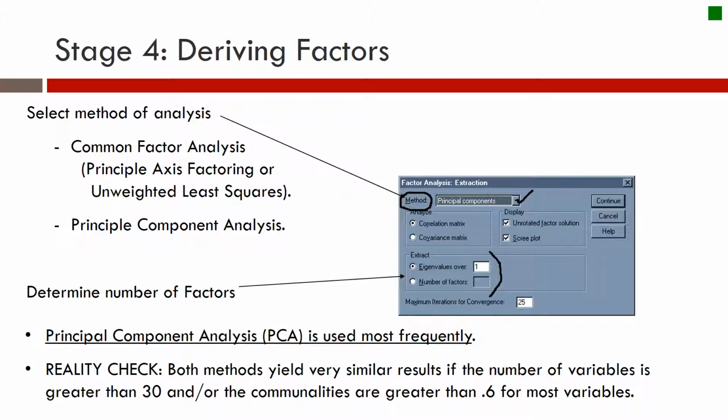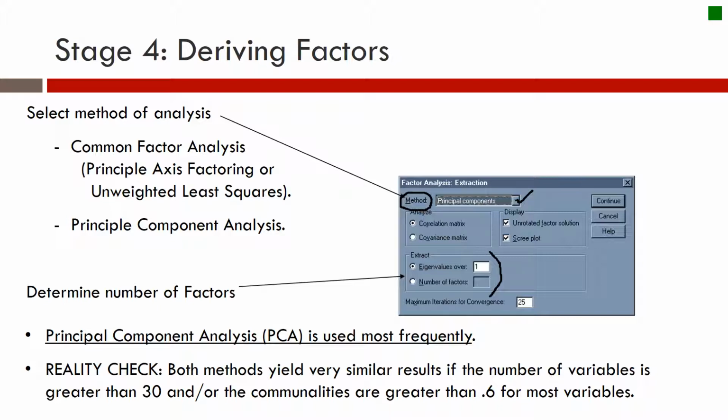But at the end of the day, the actual values that are returned aren't going to be largely different if you have an adequate sample. And ideally, we're not going to run this analysis anyway if we don't have an adequate sample size. So run principal component analysis and just go from there. If you have oddities in your data, you may try a common factor analysis, but you're probably going to be fine with a PCA.